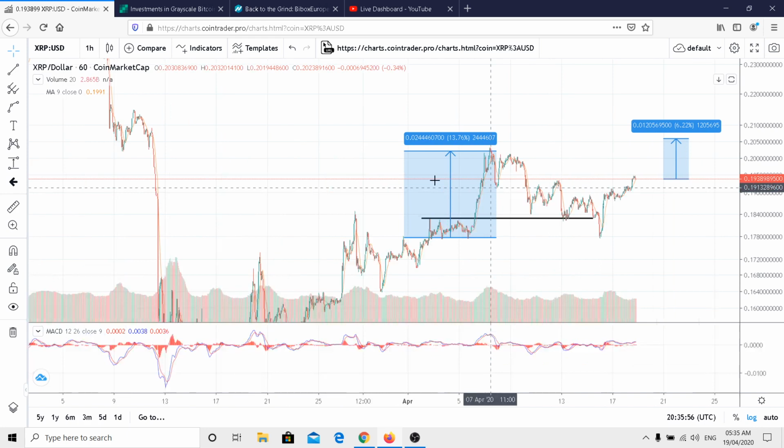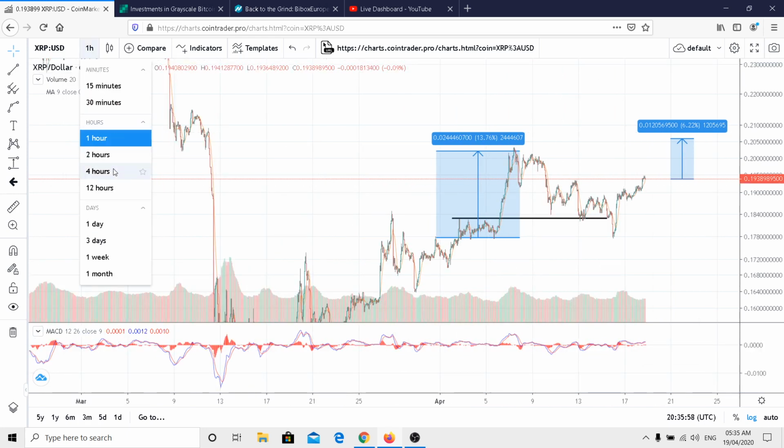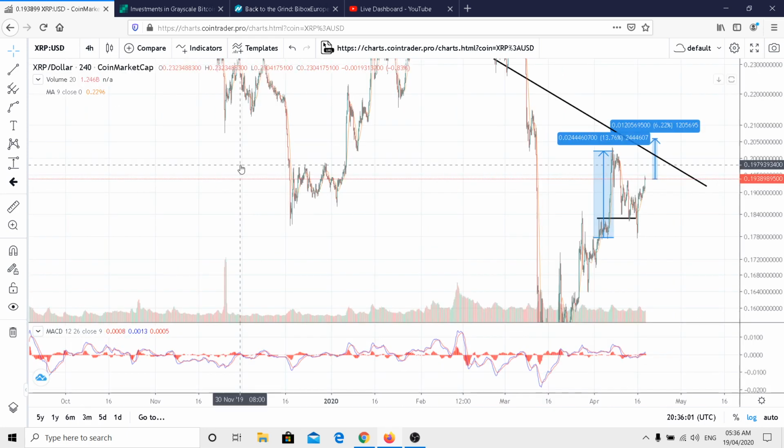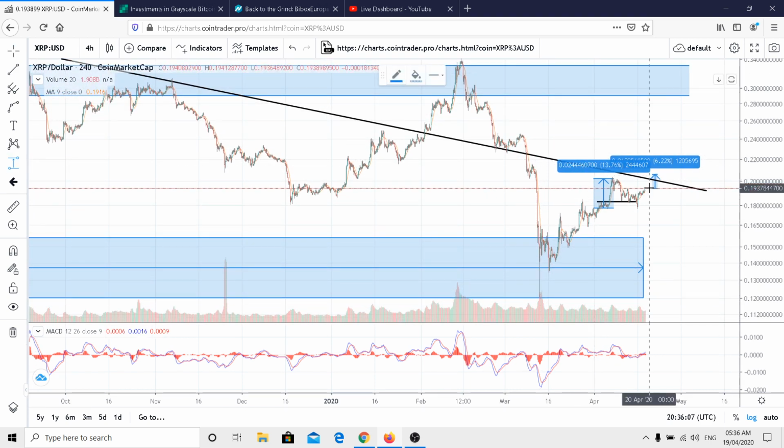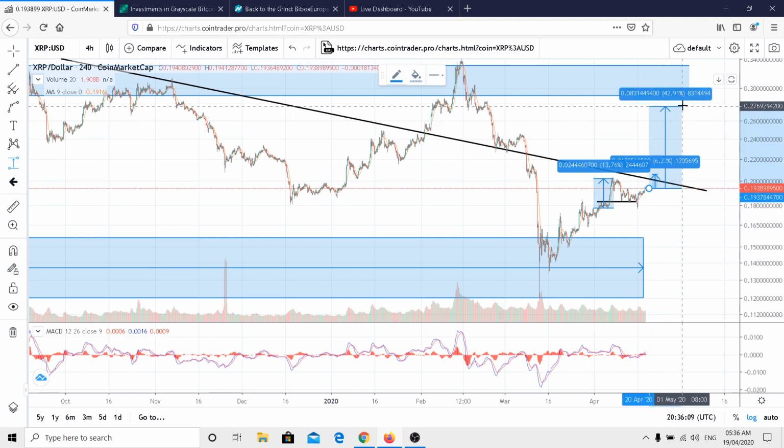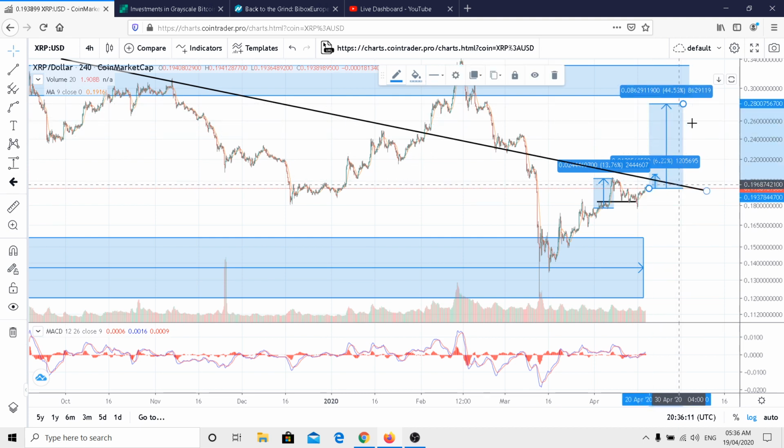Now yes, I'm not saying to put in leverage and go in, because I don't think putting in leverage at this moment will be better. But still, if you are accumulating your position, you want to see your position in green. I think from here to that 0.28 range, we are going to be about 45%.